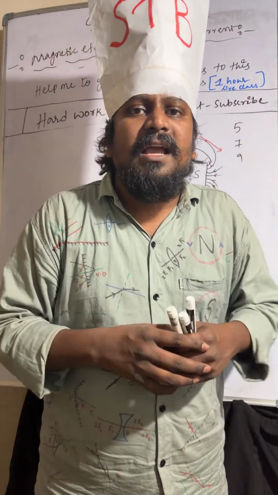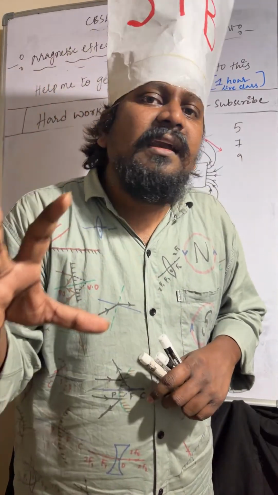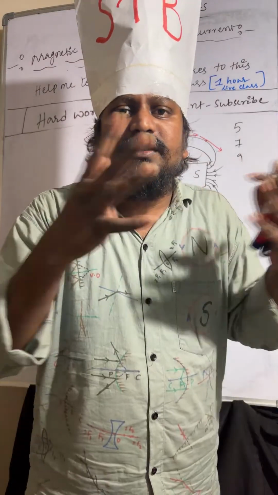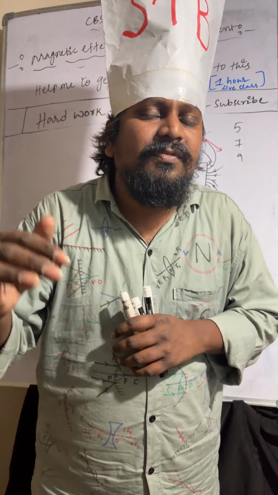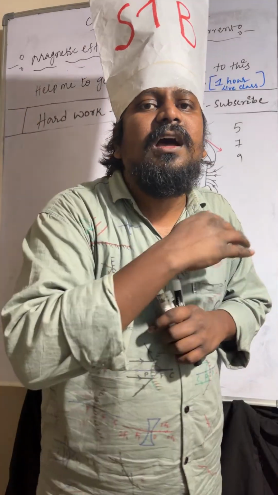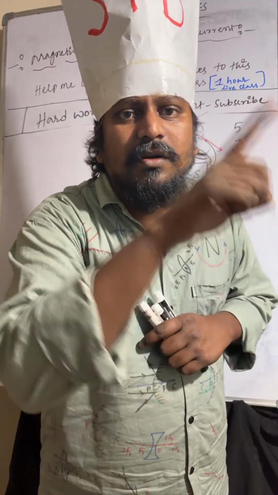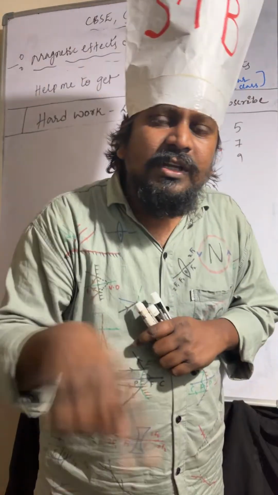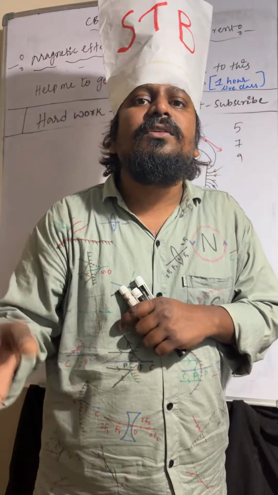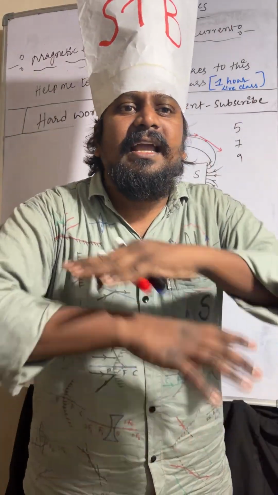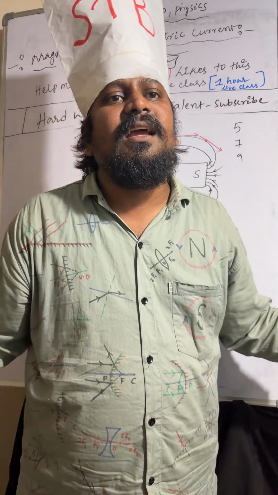Outside of the bar magnet, the magnetic field is from north to south. Inside of the bar magnet, the magnetic field is from south to north. These are closed loops. These field lines never intersect.